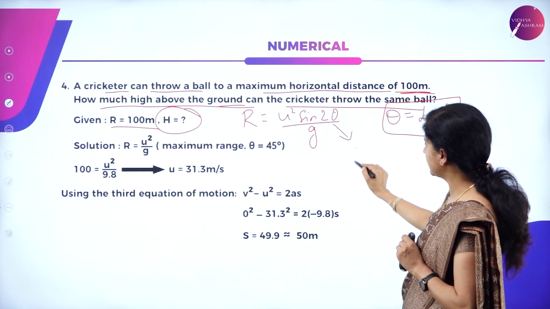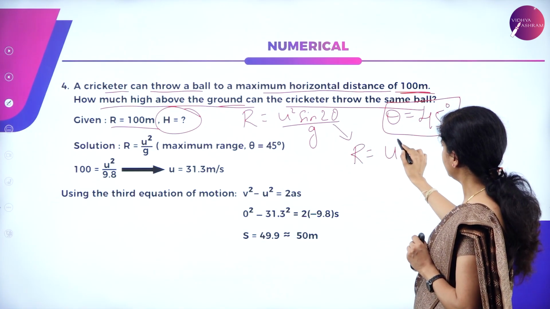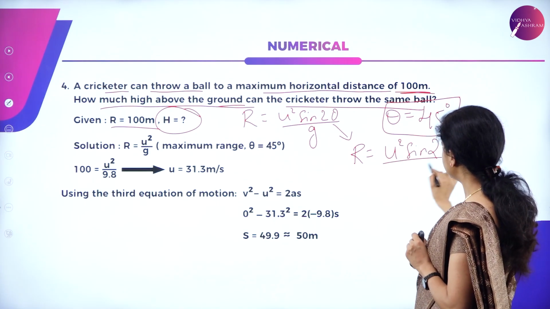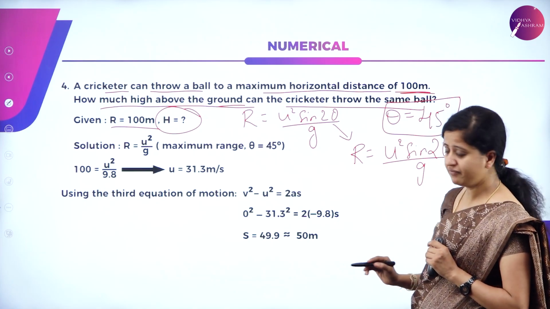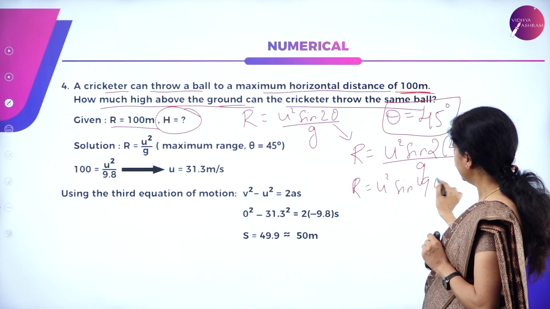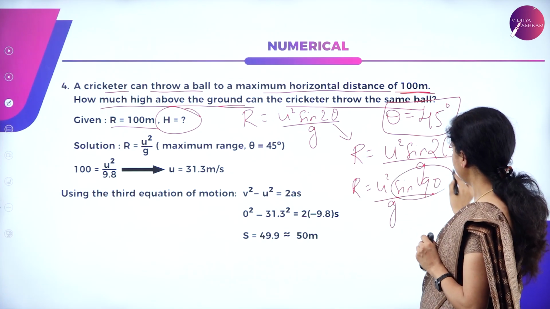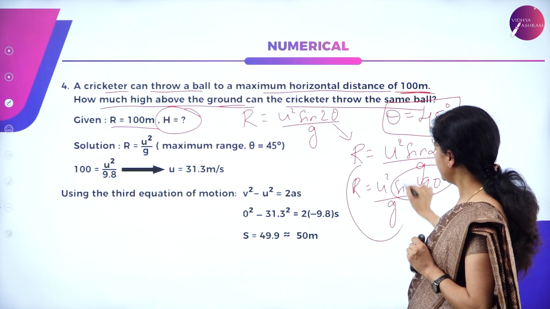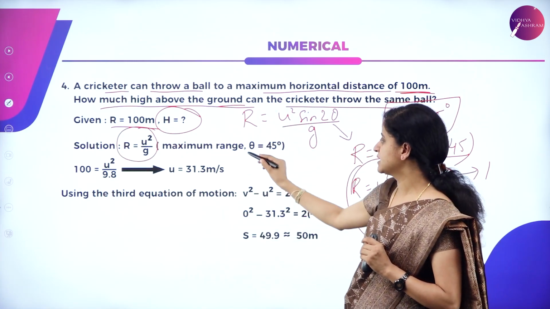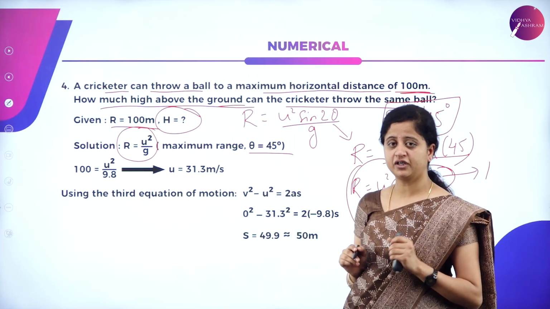So this expression becomes R is equal to u square sine 2 into 45 divided by g. What is 2 into 45? It is R equals u square sine 90 divided by g. Sine 90 value is nothing but 1 and we remain with u square divided by g for maximum range when theta is equal to 45 degree.